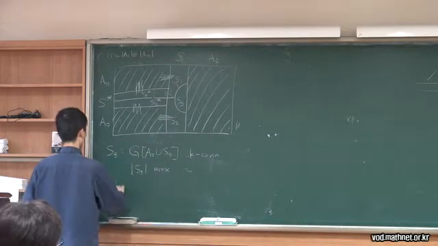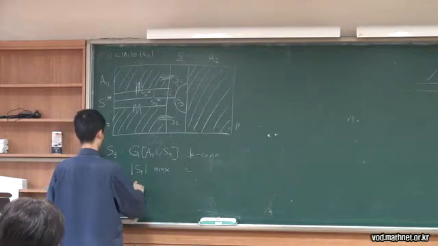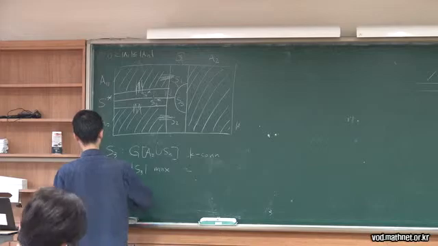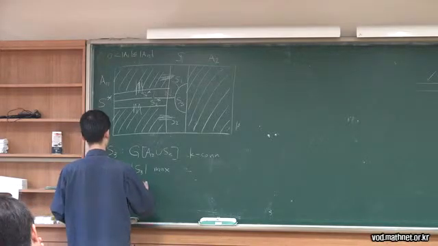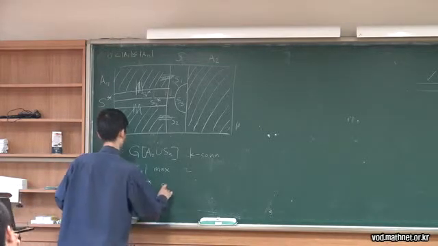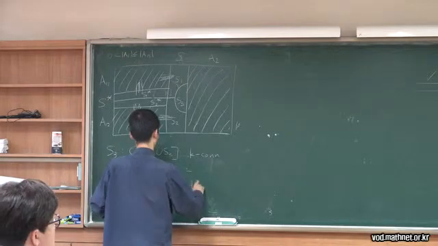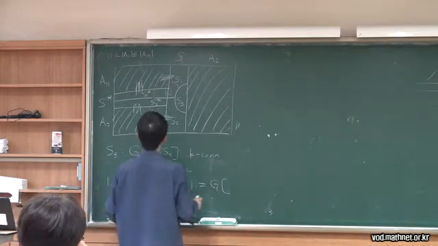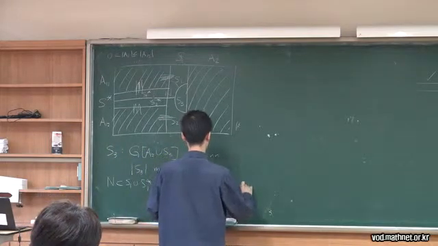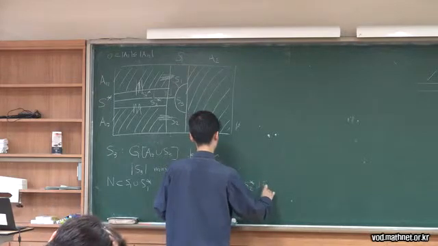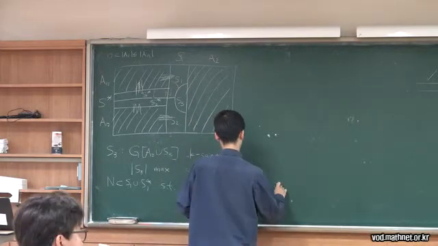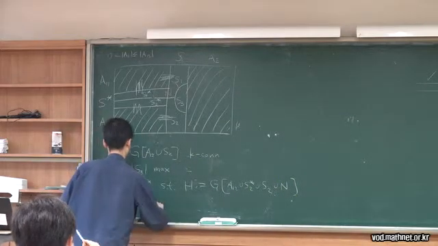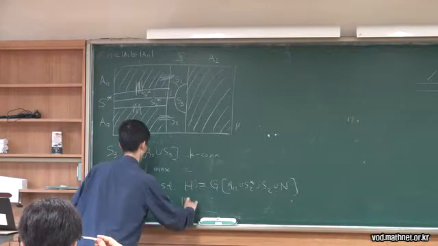Right, n is defined to be, and I'm also going to define h. So n is a subset of S1 union S1 star, such that the subgraph h on A1 to S2 star S2 and N is K-connected and N is maximum.